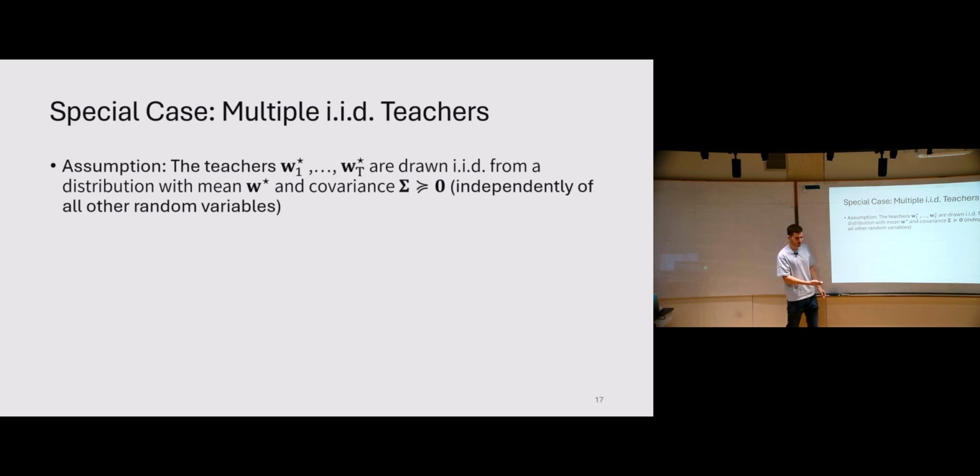So our assumption would be that the teachers are i.i.d., drawn from some distribution independently, with mean W star and covariance matrix sigma, independently of all random variables. But we know that this assumption can be generalized to perhaps teachers that are drawn independently from different distributions. The distributions must have a common mean W star and the same covariance matrix sigma. So it doesn't have to be the same distribution, just simply the same first and second moment.